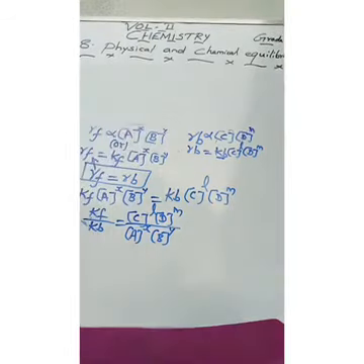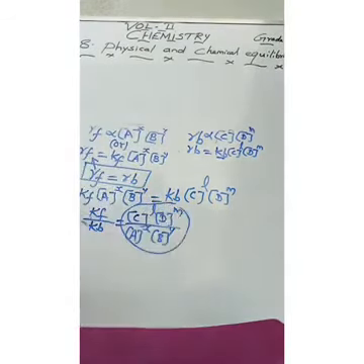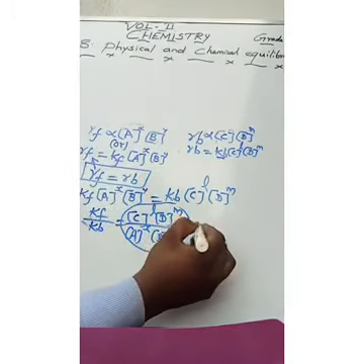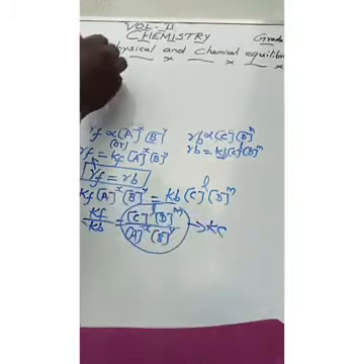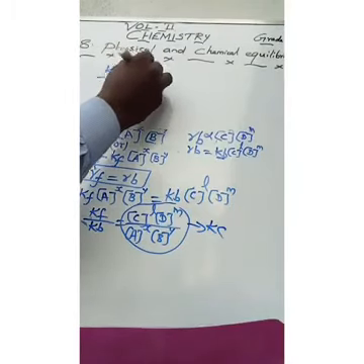Here, this term, C power L, D power M over A power x, B power y, we can write as KC. What about the KC? KC is an equilibrium constant.